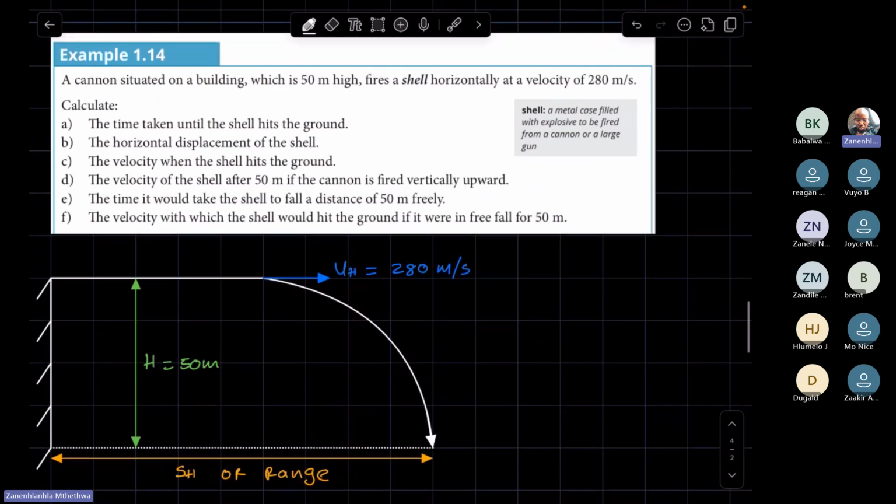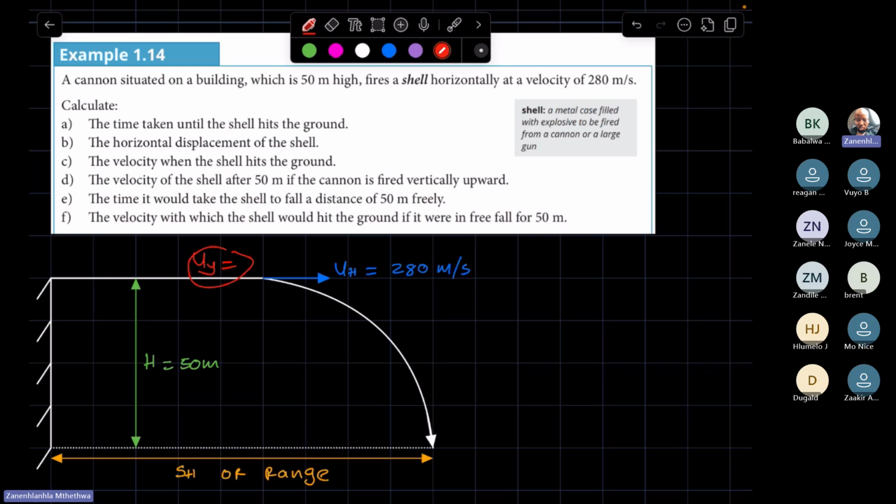All right. A, calculate the time taken until the shell hits the ground. I forgot something here. It's not Vy because that's the initial, so it's Uy. Right, Uy, what is it equal to? The velocity in the y direction, or the velocity of the projectile in the vertical plane.